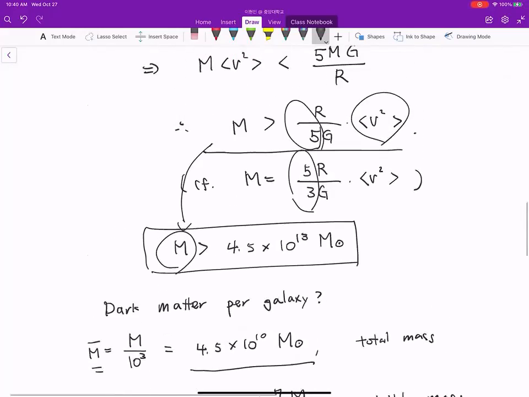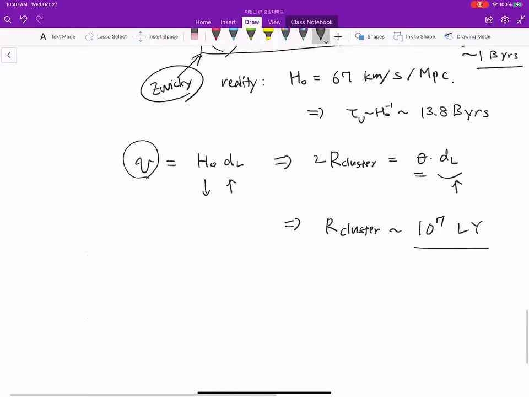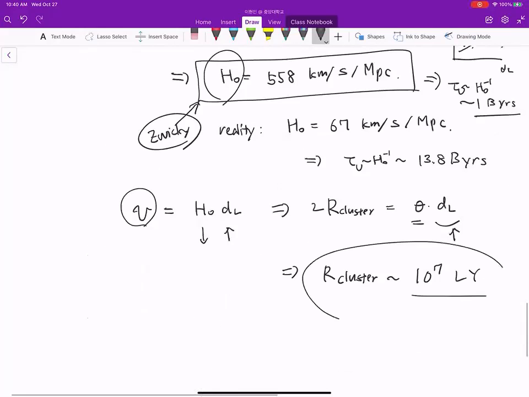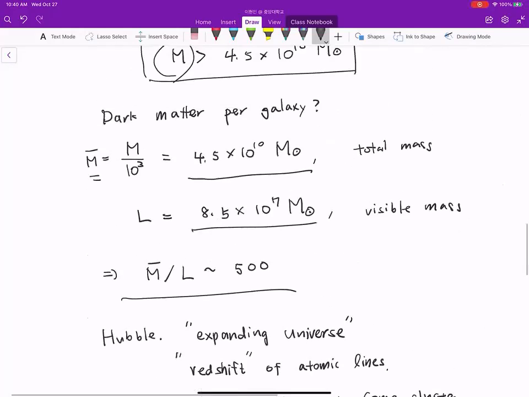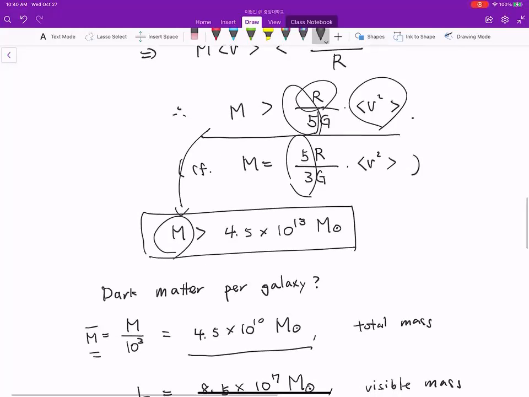So there are correction factors here and there. From this discussion, if you apply the virial theorem, the lower limit on the total mass is proportional to the cluster radius. So the cluster radius is 10 times larger now. So you would guess the mass is 10 times larger.